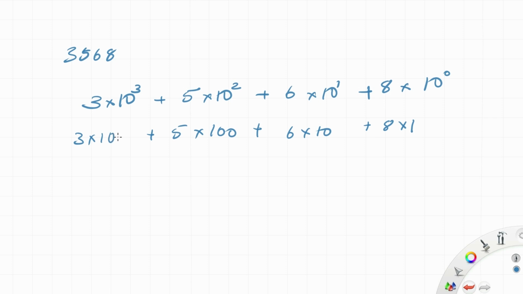That's correct. If you add all this up, you will get 3568. So this is called a 10-based numeral because this part is called the base.